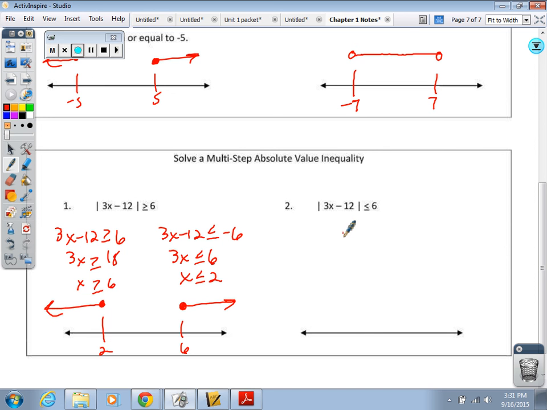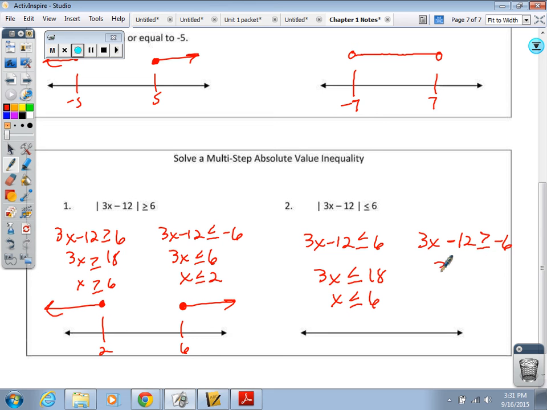Now here, let's do the same thing, only now we know our inequality starts off a little bit different. So we have 3x minus 12 is less than or equal to 6, and then 3x minus 12 is greater than or equal to negative 6. So if you add 12, you're going to get 3x is less than or equal to 18. So x is what? Less than or equal to 6.